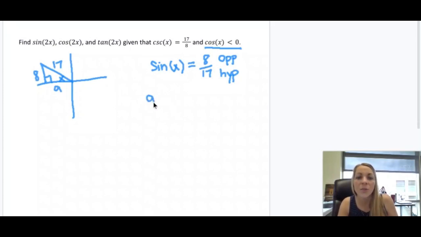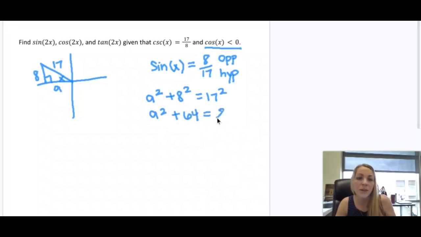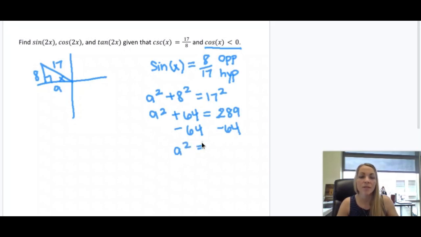I have a squared plus 8 squared equals 17 squared. So leg squared plus leg squared equals my hypotenuse squared. I'm going to simplify. A squared plus 64 equals 289. I'm going to subtract 64 from both sides. So I get a squared equals 225.